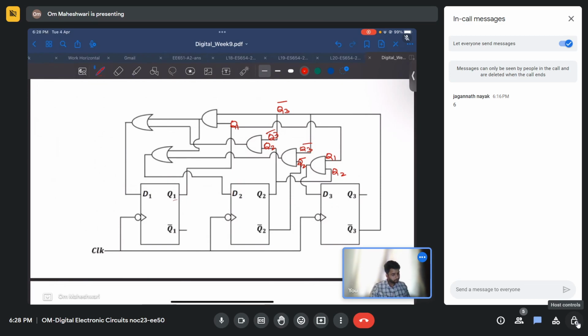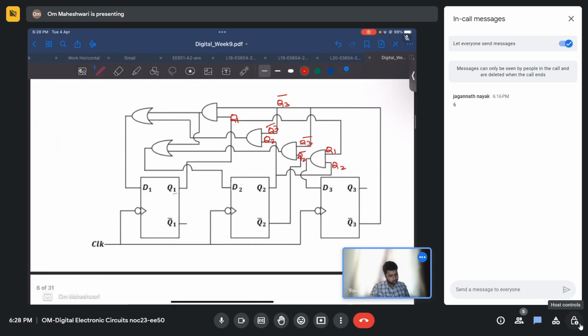Okay. So here we see D3 is Q1, Q2. And the D2 input is coming from here, and here the input is Q3 bar, Q1.